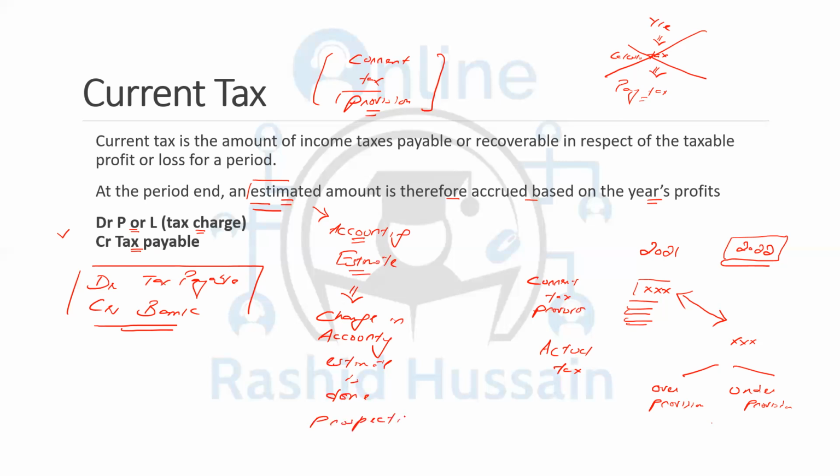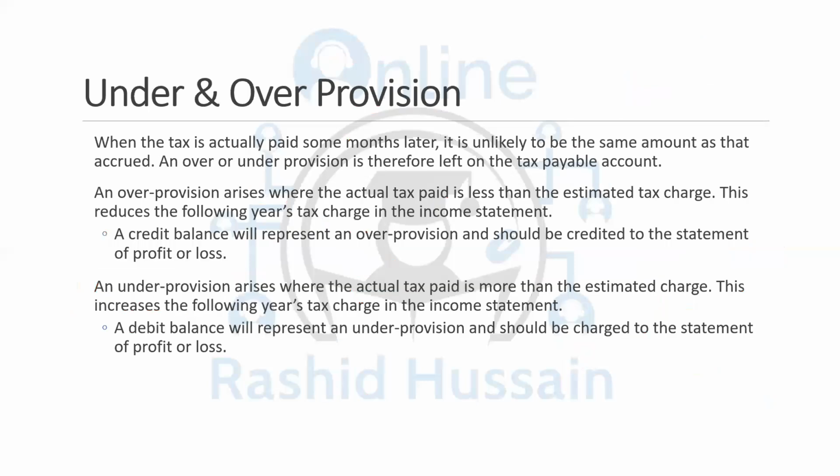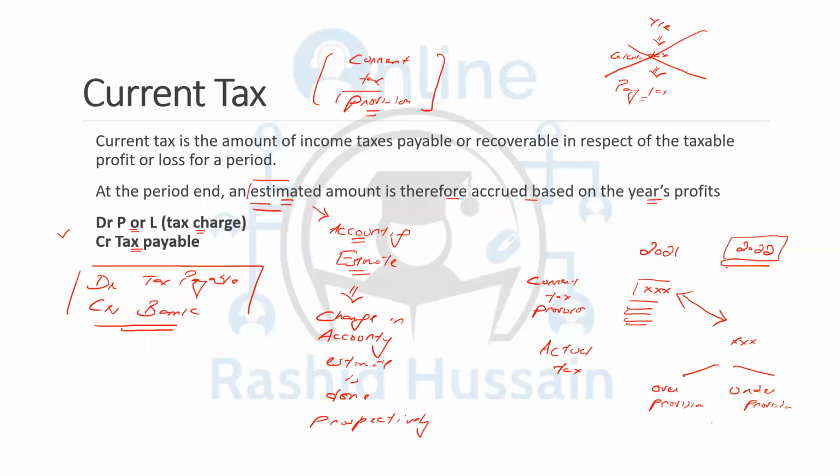That simply means you are not going to change the previous figures. Now, what I'm going to do, simply, I will be having the current tax of 2022 as well, like the current tax provision of 2021 or the current tax provision of 2022 as well.